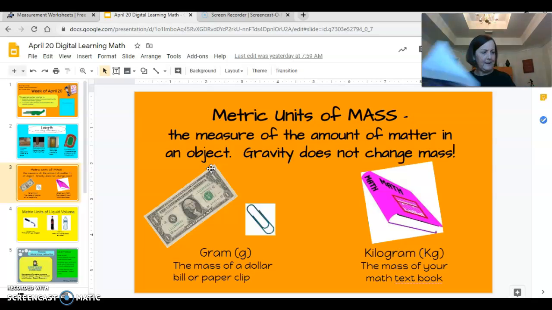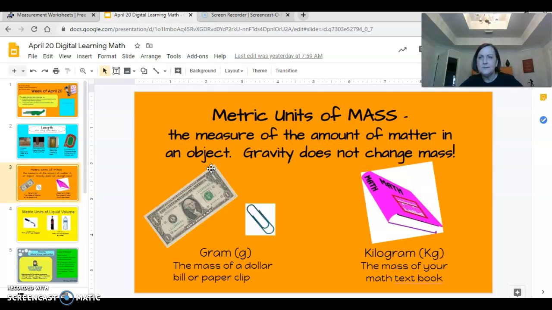So think about these 2 things. We would use grams to find the mass of things that are very light, like a pen. And we would use kilograms to maybe weigh ourselves, because we're a lot heavier, right?